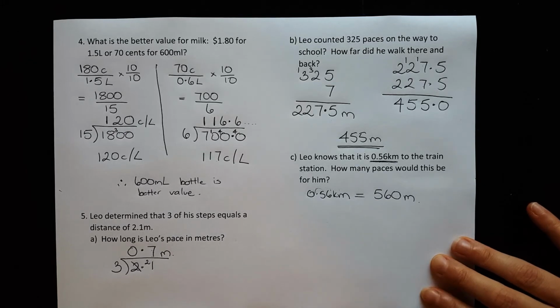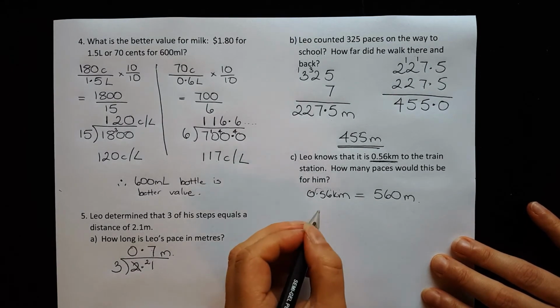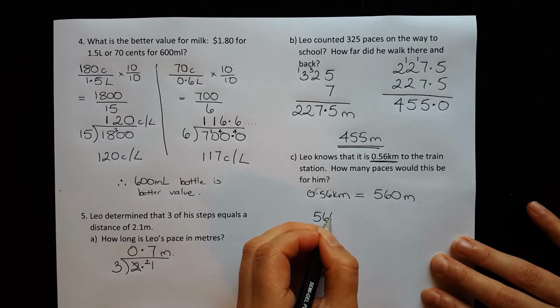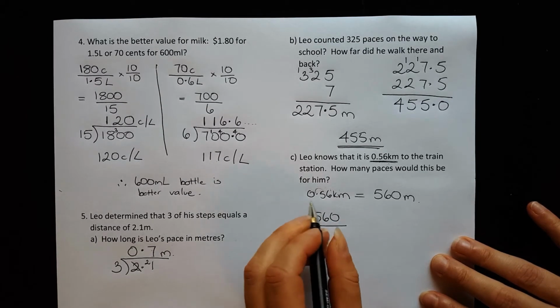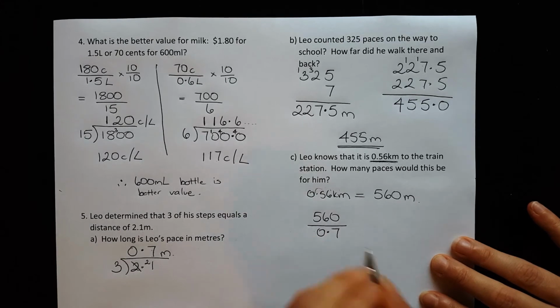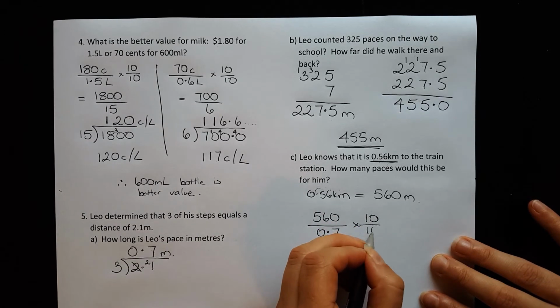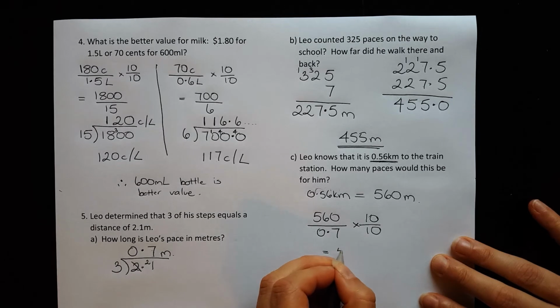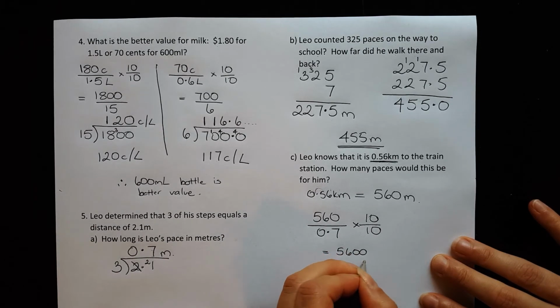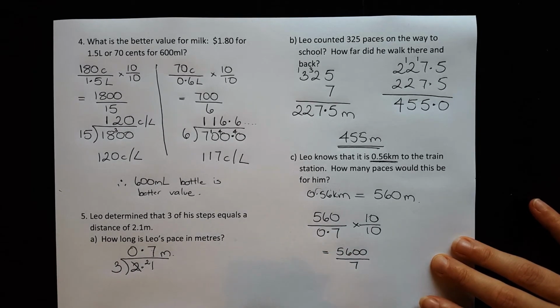560 meters. Now to work out how many steps that's going to take, we take our distance. He has to go that far, and every step is 0.7, so we divide it by 0.7. Okay, to calculate that, we want to get rid of this decimal, so we're going to multiply by 10 over 10, making it 5,600 over 7.